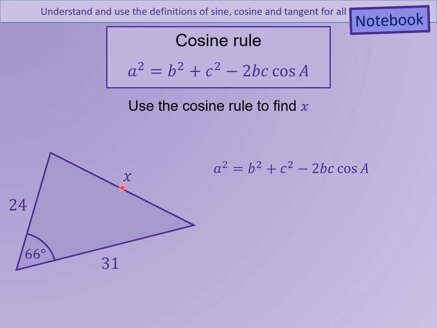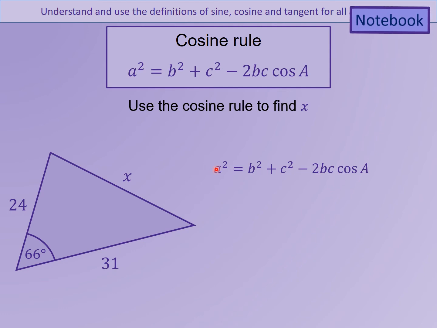So I'm going to first of all write down my cosine rule. Again, I'm not so fussed about which angle I'm going to call A, B or C, so we only need to have one version written down. What I must make sure, however, is that if capital A is 66, it's important that we have x as my small a.